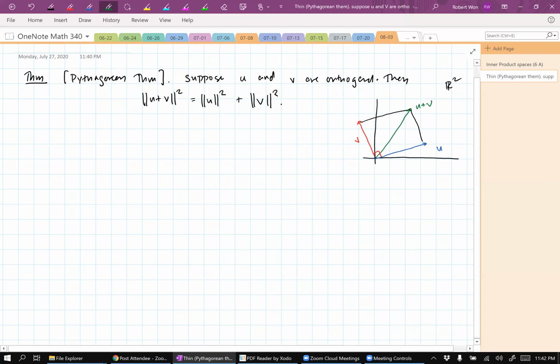All right, but since this parallelogram that I've drawn is supposed to be a rectangle, it means that the two diagonals have the same length. So that diagonal has the same length as this diagonal. So what this result is saying is that the length of the red thing squared plus the length of the blue thing squared equals the length of the green thing squared, which is the classical Pythagorean theorem.